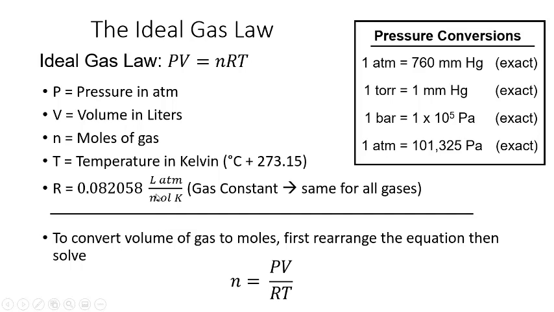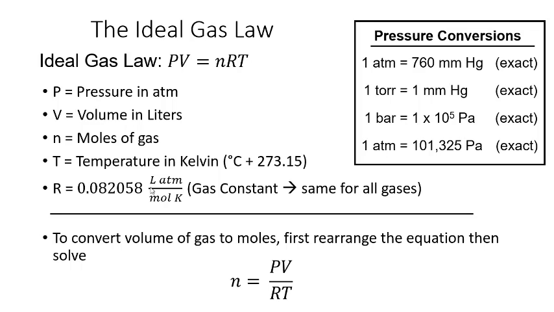It's important to note that the units for each of these individual components of the ideal gas law are highly important. The equation only works if all of these individual parameters are in the units defined by the equation.